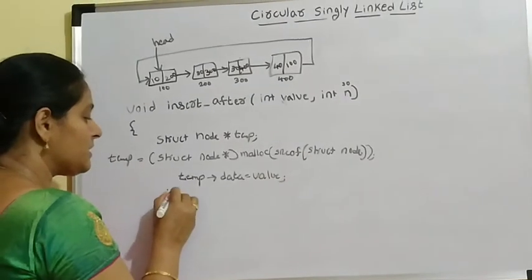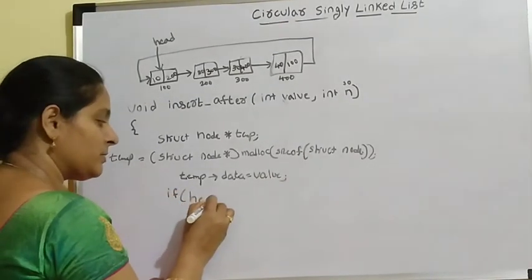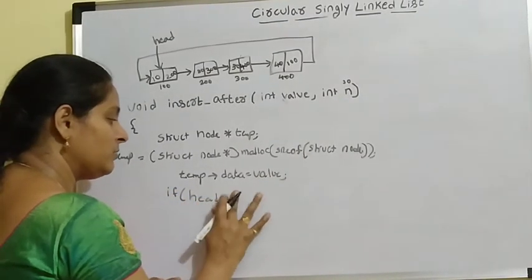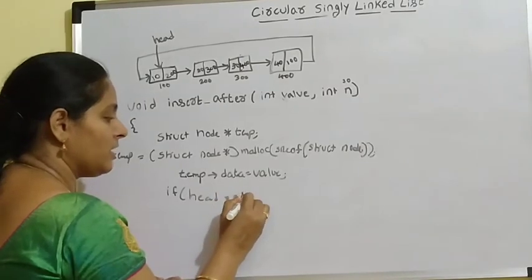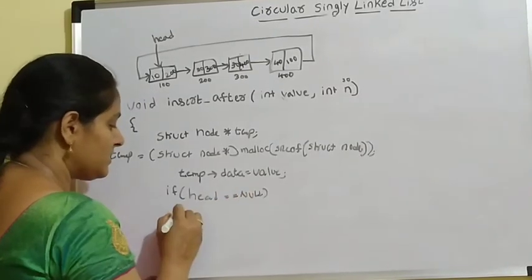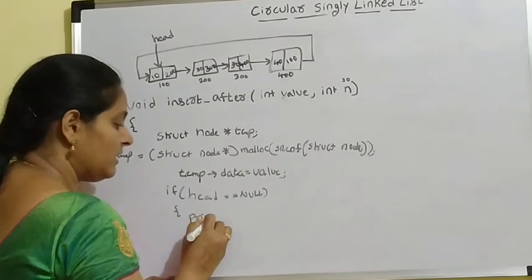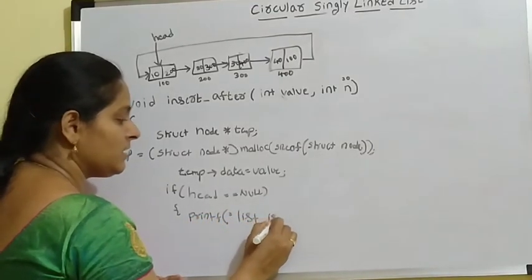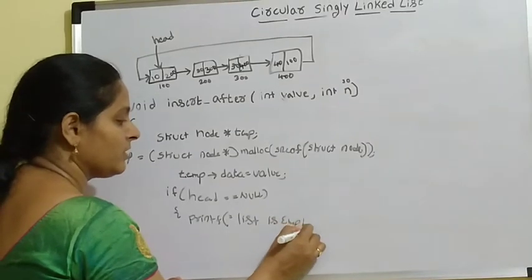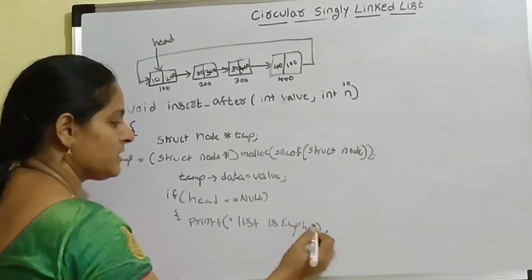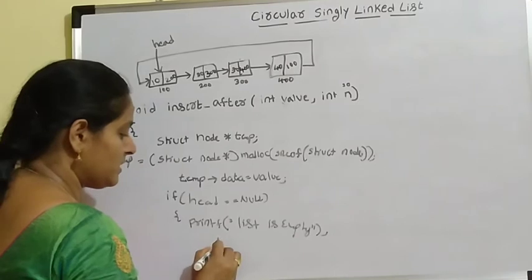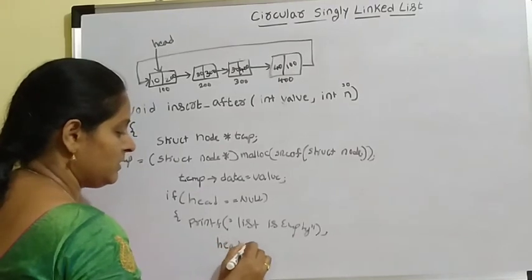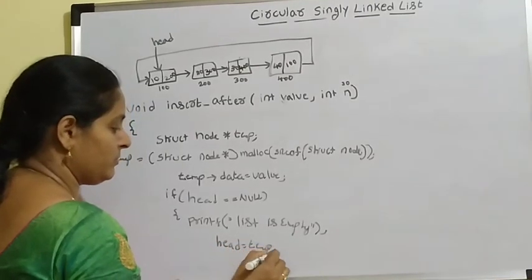As usual, check whether the list is empty or not. If head equal to null, the list is empty, so our inserting element will be the first element as well as the last element, the head node.